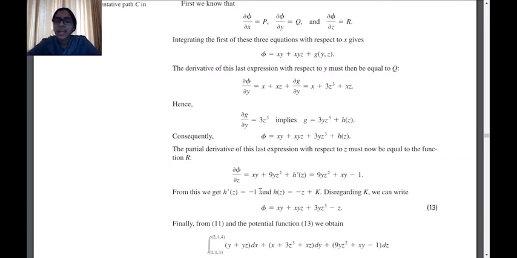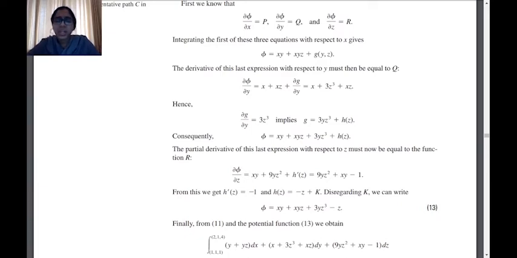It will be minus z plus k, where k is the integrating constant. Now if we leave behind the integrating constant, we will get the value of phi to be phi equal to xy plus xyz plus 3yz cube minus z. Okay, so this is our potential function corresponding to the conservative vector field which was given to us.